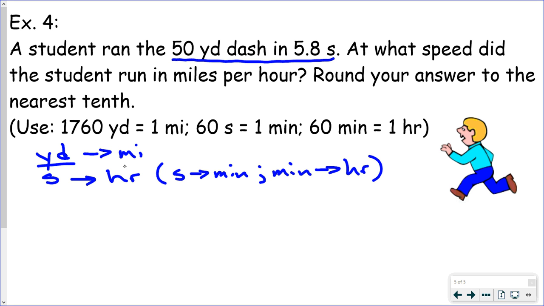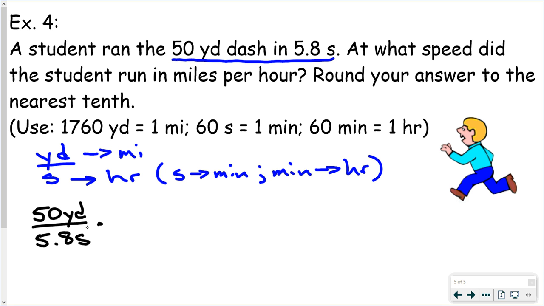Because to go from seconds to hours, I'm going to use 2 different conversions. So I like to start off with this to map out what I'm going to do, and now I'll go into the conversion part. So 50 yards in 5.8 seconds. So I'm going to write 50 yards over 5.8 seconds. And now I'm going to start multiplying by my conversion factors.